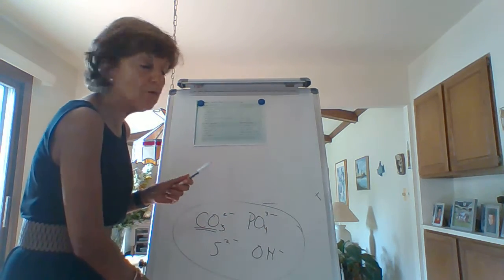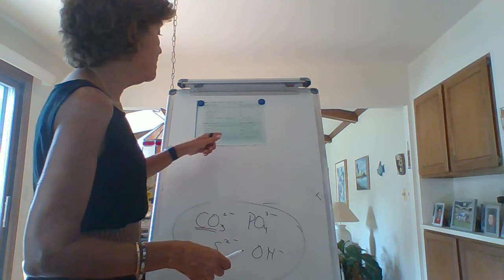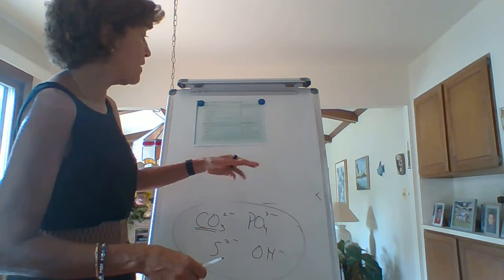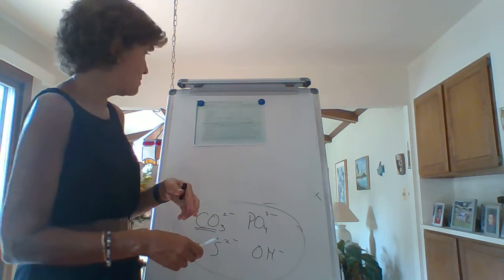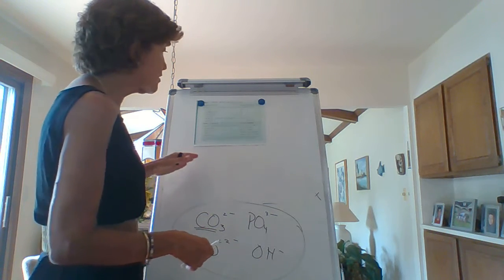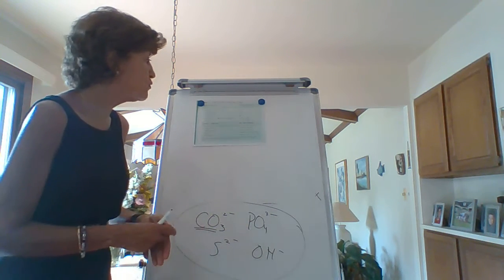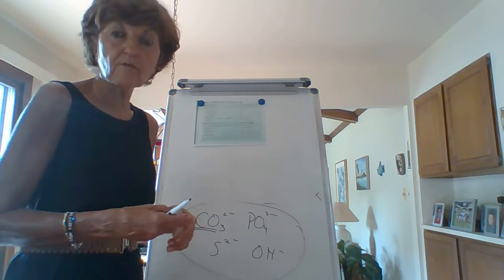Phosphates, all insoluble, but what's the exception? Group 1A and ammonium also. Sulfides, all insoluble, but this exception is group 1A, group 2A, and ammonium. They make them soluble. And then the hydroxides, all insoluble unless you're hooked up to group 1A, calcium, strontium, and barium. Those are the heavy group 2A.